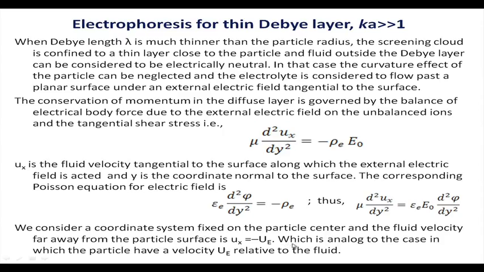So, again we assume that the fluid velocity far away from the particle surface is ux equal to minus ue, which is analogous to the case in which the particle has a velocity ue relative to the fluid. That means we are assuming the particle is stationary and the fluid is approaching the particle with a velocity minus ue.